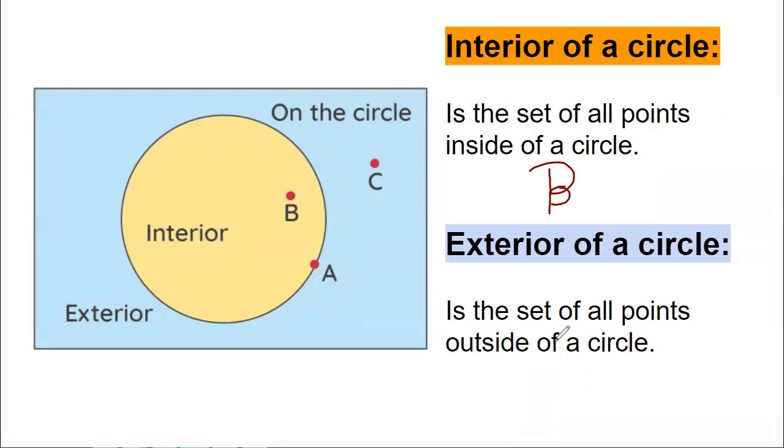So my point C is located on the exterior of my circle. Now, point A is a different type of point. It's not in the interior, it's not in the exterior, it's actually on the circle. So A would be considered to be on the circle. All right, go ahead and copy this down.